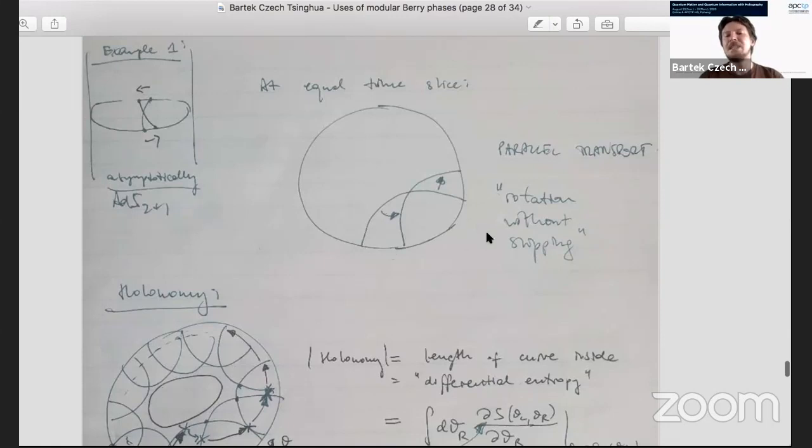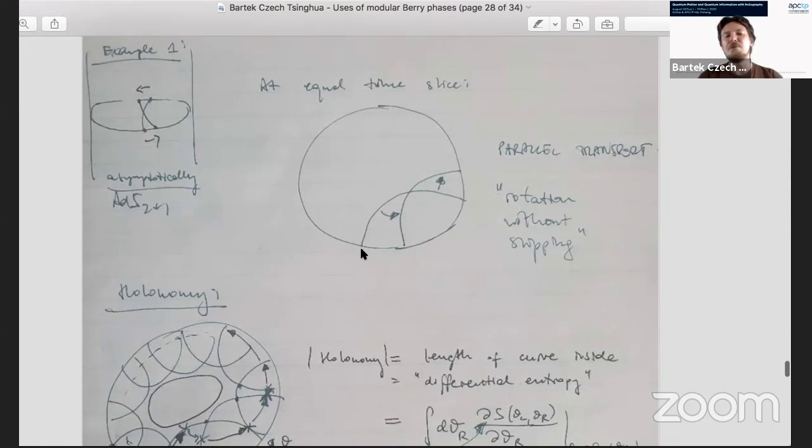The statement is that that third condition produces something called rotation without slipping from the bulk point of view. Namely, I'm going to use a conformal symmetry, which is the unique symmetry, which is actually a rotation about this point where the two geodesics intersect. And if you think about this for a moment, this is the only thing that does not break conformal symmetry in some way.